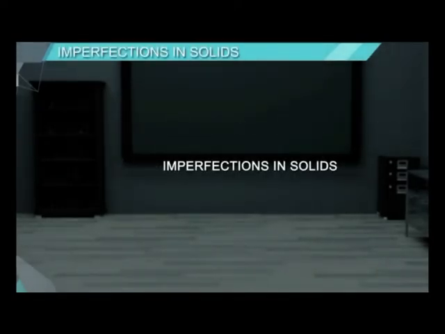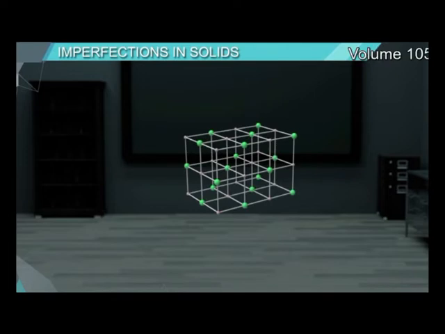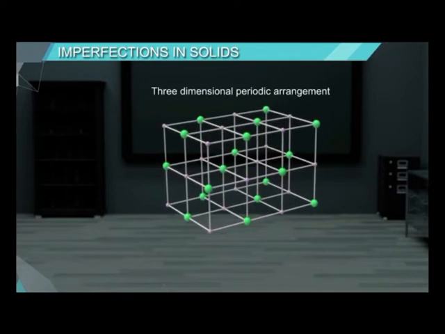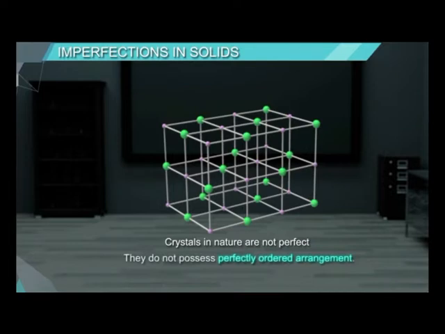Imperfections in solids. Crystalline solid state is characterized by a three-dimensional periodic arrangement of atoms or ions or molecules in space. Ideally, there should be a perfect order in this arrangement. However, crystals in nature are not perfect. They do not possess a perfectly ordered arrangement.